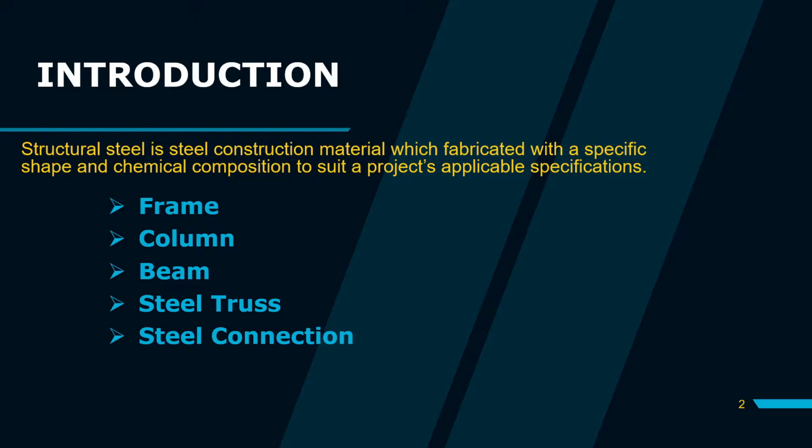A beam is a structural element that primarily resists loads applied laterally to the beam's axis. Steel trusses. A truss is an assembly of beam or other element that creates a rigid structure. And steel connection. The connections are an important part of steel structure and are designed more conventionally than any individual member.